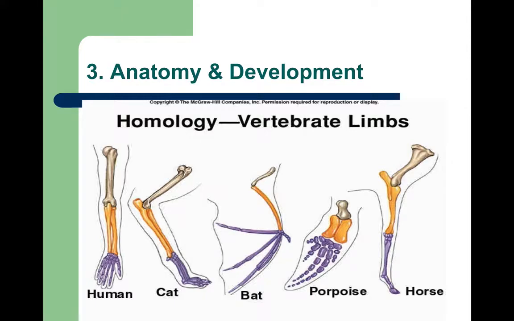They've been modified over millions of years to represent the structure needed for that organism to perform its task, but all of them have similarities in the way those structures are aligned within the body.